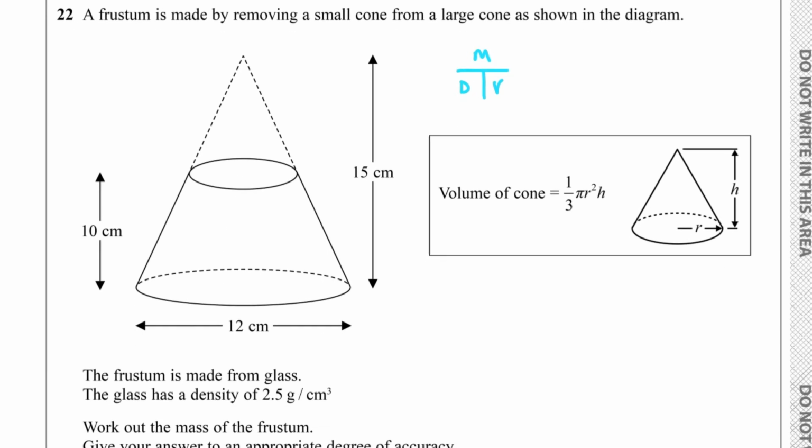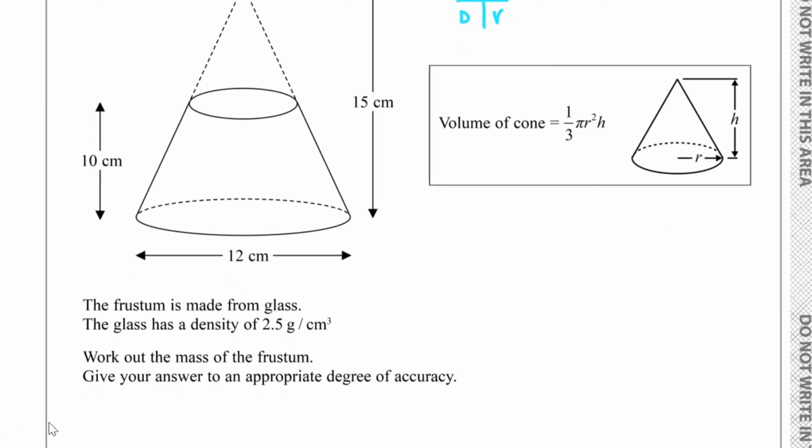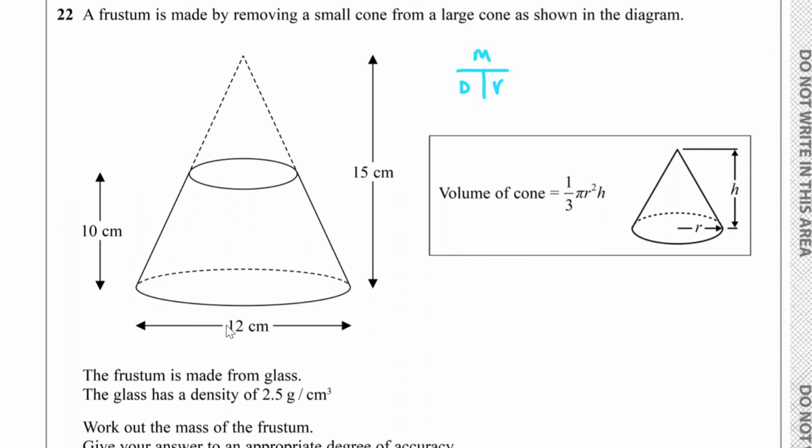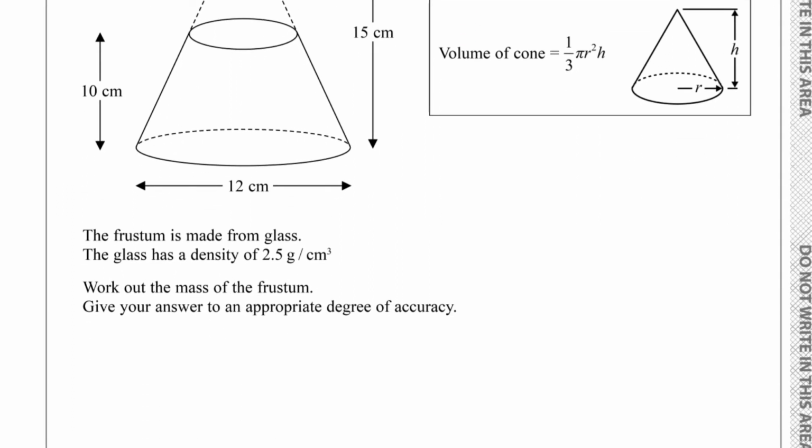So what we need to do is find out the volume of the large cone. So for the large cone, the volume will equal, if we use this formula, 1/3 times by pi times by radius squared.